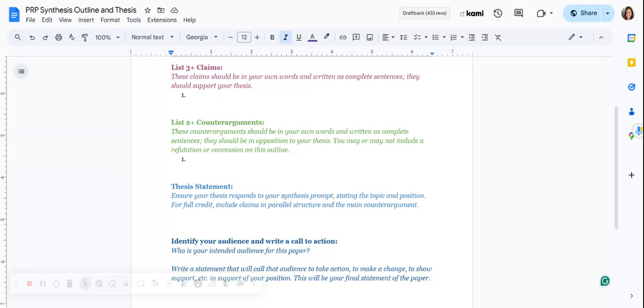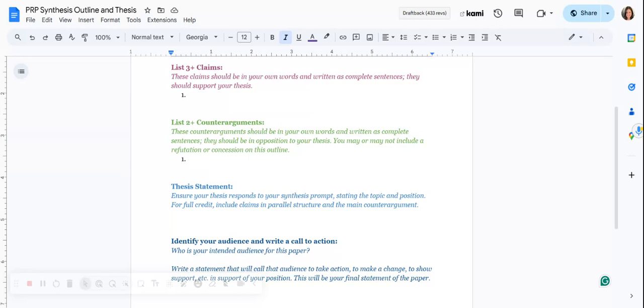So for example, if one of my counterarguments for school uniforms is that they are monotonous, that they remove self-expression, then I might start my thesis by saying, although some students feel that school uniforms limit self-expression, and now I've covered my main counterargument, but then I want my wording to focus on my position and my claims, right?